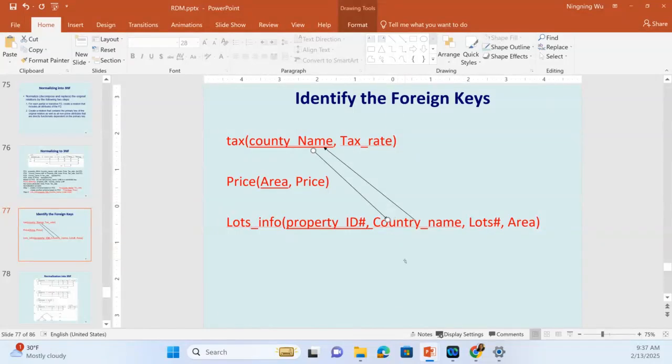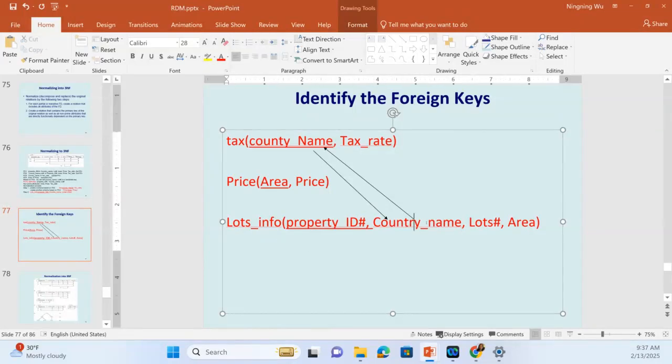If the arrow points to the county name of the loss info, it breaks the requirement for the foreign key, because county name is not a key of the loss info.